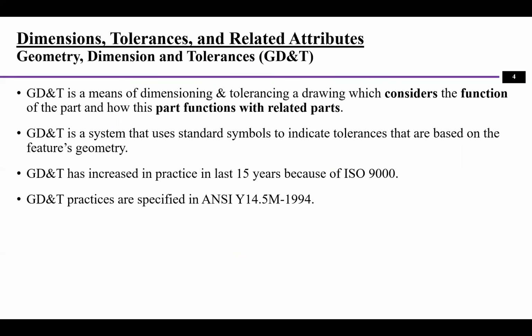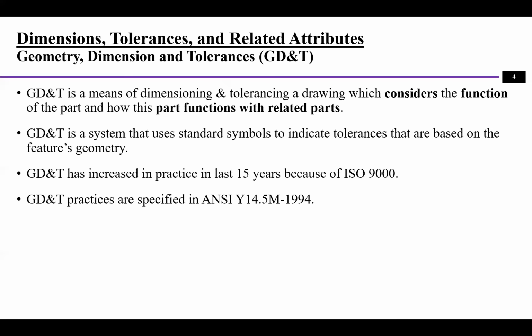And so GD&T, the full name is geometry, dimension, and tolerances. It's a way to describe the drawing that considers the function of the part and how the part functions with its related parts. So it means how the parts actually interact with each other, or how the features interact with each other. GD&T is also a system that uses standardized symbols to indicate tolerances based on the geometry features.